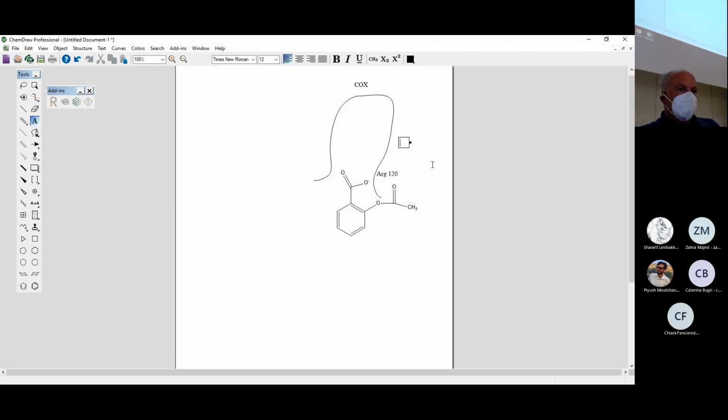But there is another important point. In the middle of the tunnel, there is another important amino acid, serine 530, which is characterized, if you remember, by an OH alcoholic group.